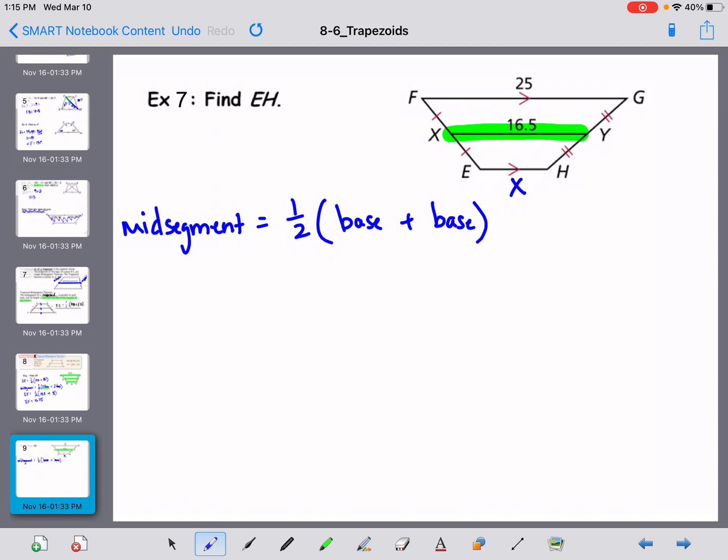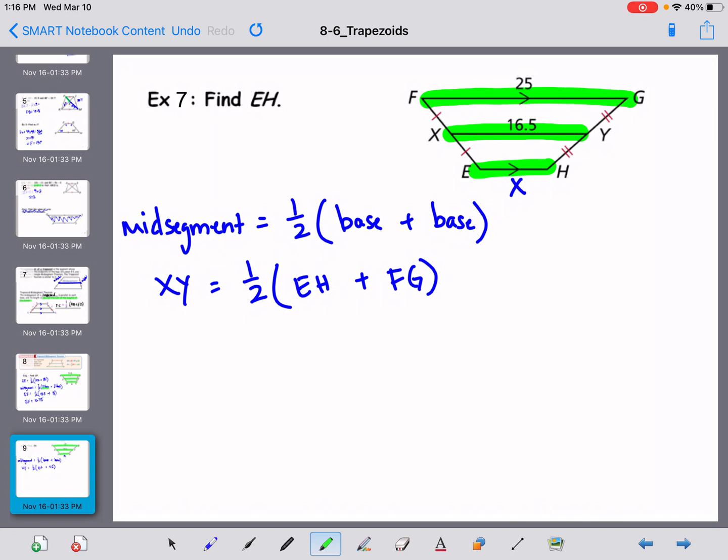The mid-segment is 16.5. Or here, I'll write it with some letters so you can see that as well. The mid-segment is XY. It is half of the bases. One base is EH, and the other base is FG. The bases are all what runs parallel.